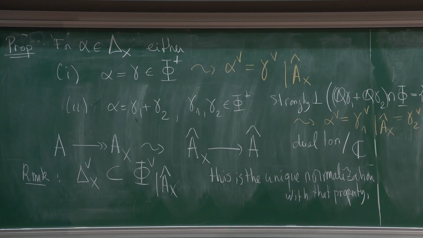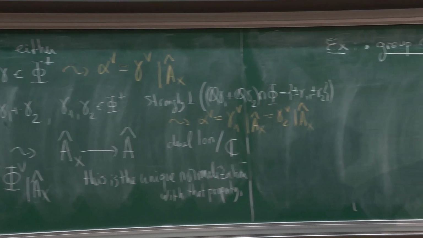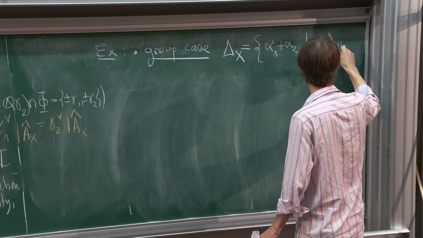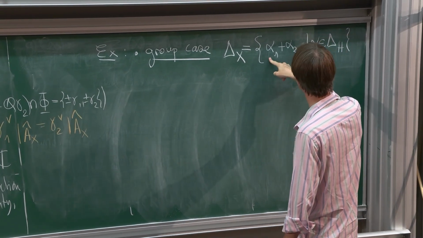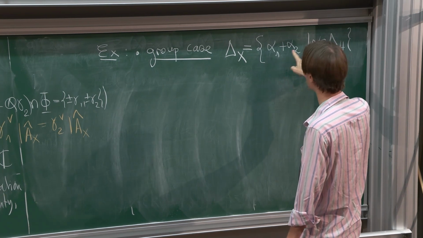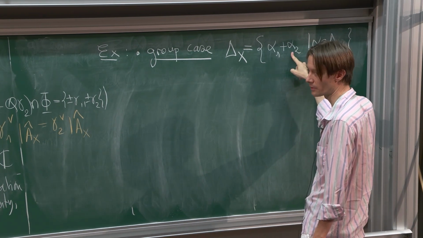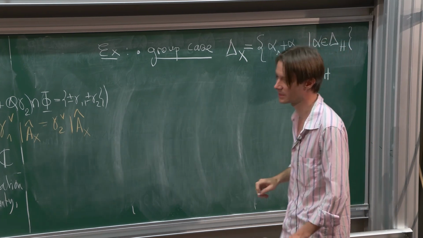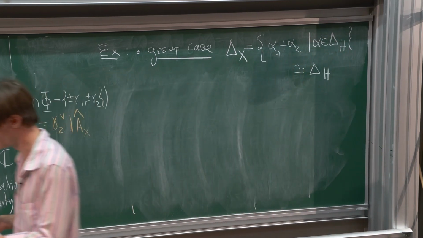And these are more precisely sums of two roots, where alpha runs over all the simple roots of H, and you have one copy of alpha for the first copy of H and a second copy of alpha for the second copy of H. So in particular, this is naturally in bijection with delta H, and we recover the root system of H.